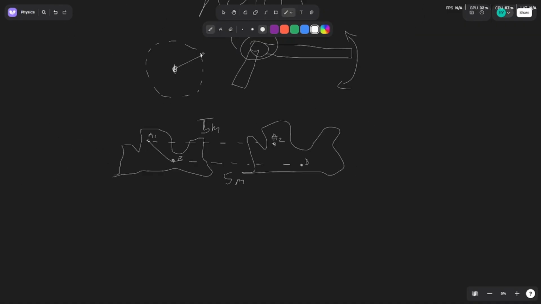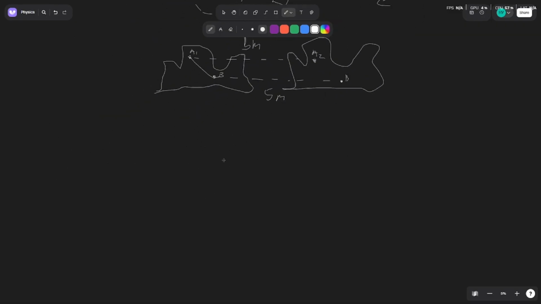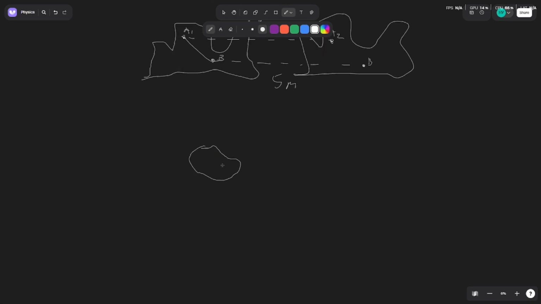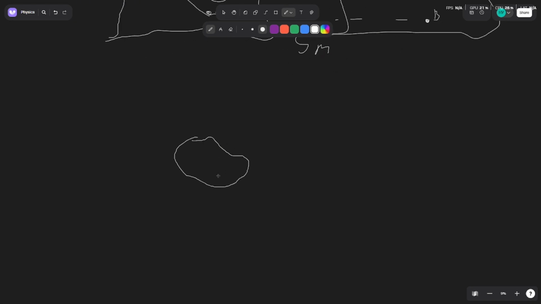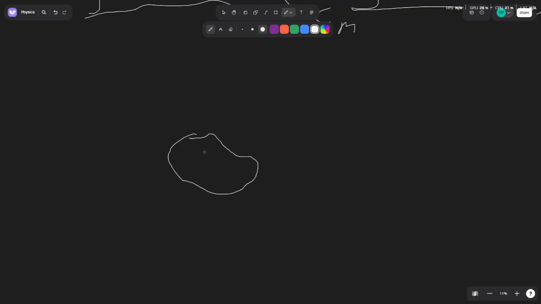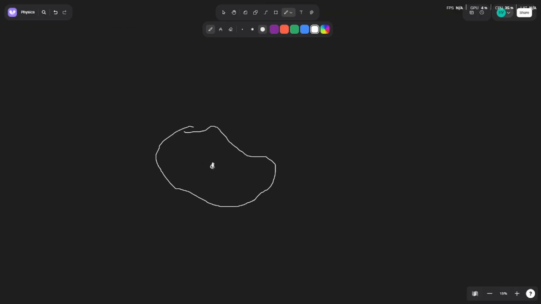And let me draw another rigid body like this. If we rotate a rigid body, we got its center, the center of weight, basically. We got a point A here, we got a point B here.